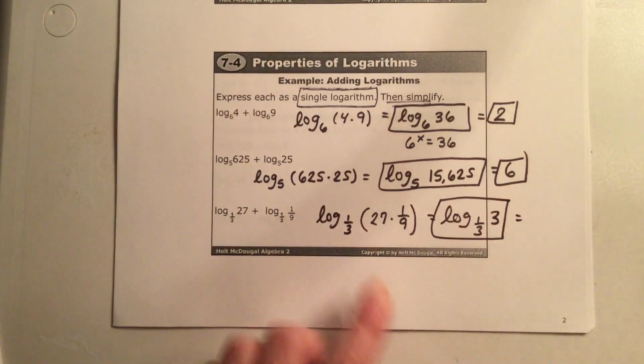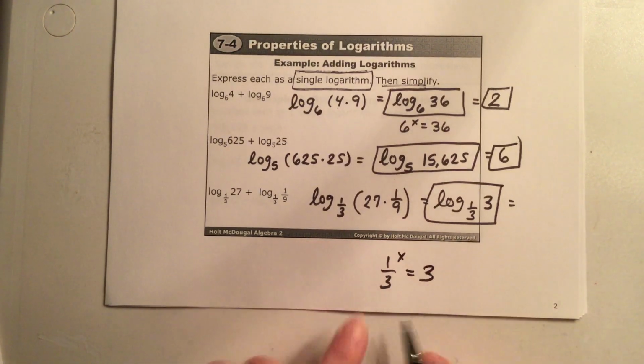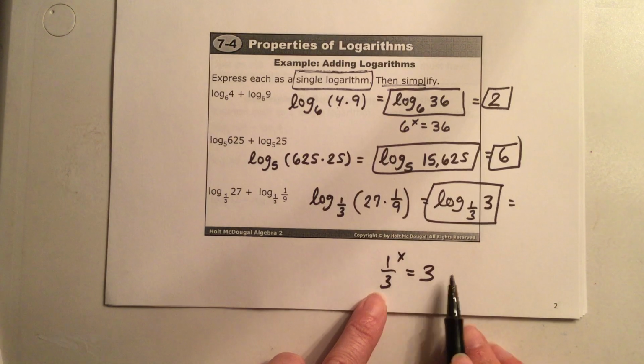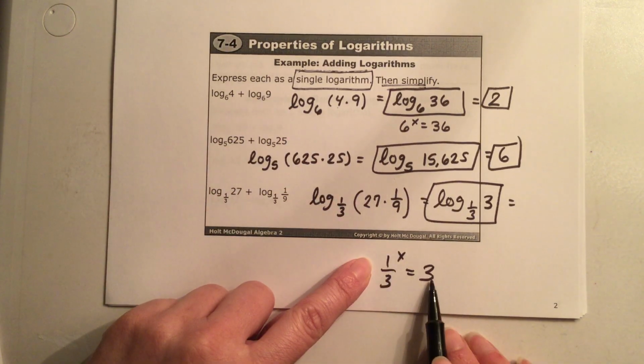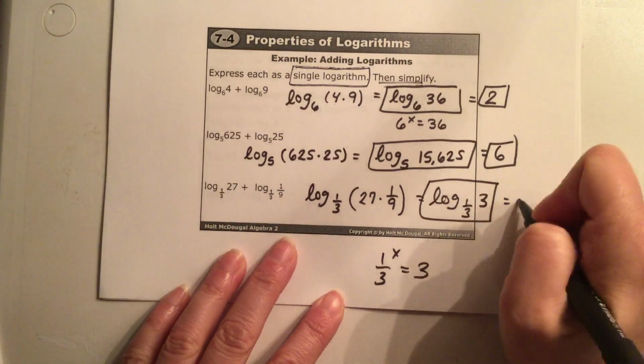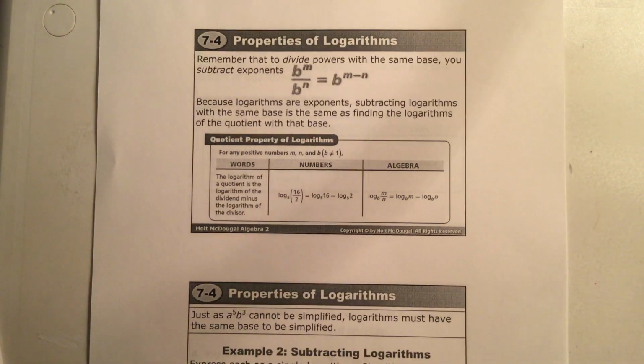Here is your single log. So this is 1/3 to the what power gets you to a 3? We don't want to change the value of the 3. We just want to flip the fraction upside down. We want 1/3 to become 3 over 1. In order to flip a fraction, you need an exponent of -1. So there is a property of a logarithm. Super fun.